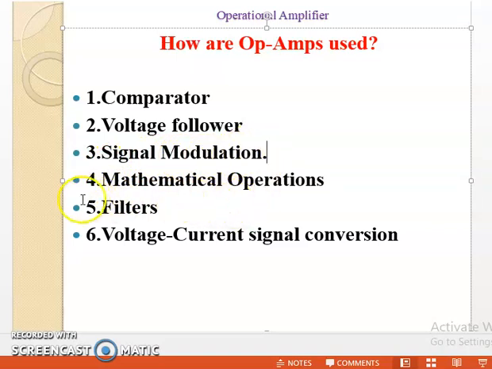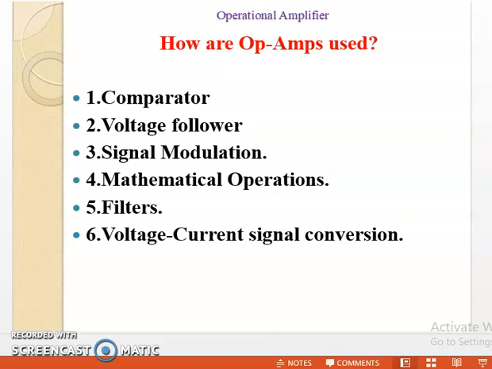Number 4, mathematical operations. Number 5, filters. Number 6, voltage current signal conversion. Remember how op-amps are used: as a comparator, voltage follower, signal modulation, mathematical operations, filters, and voltage current signal conversion. These are the ways op-amps are used.